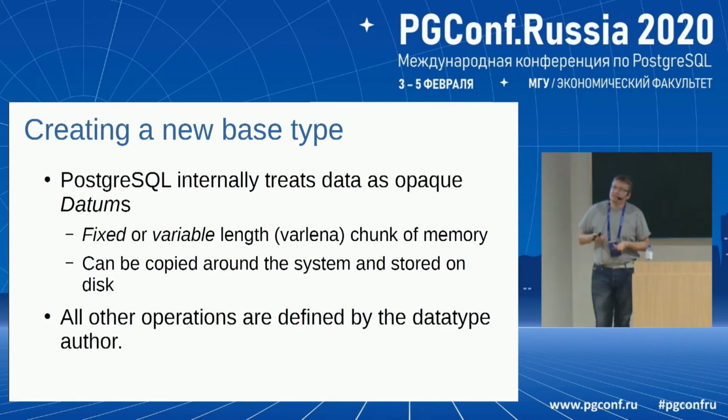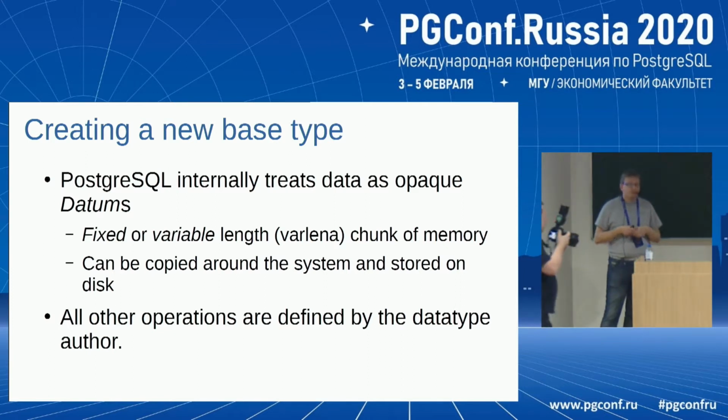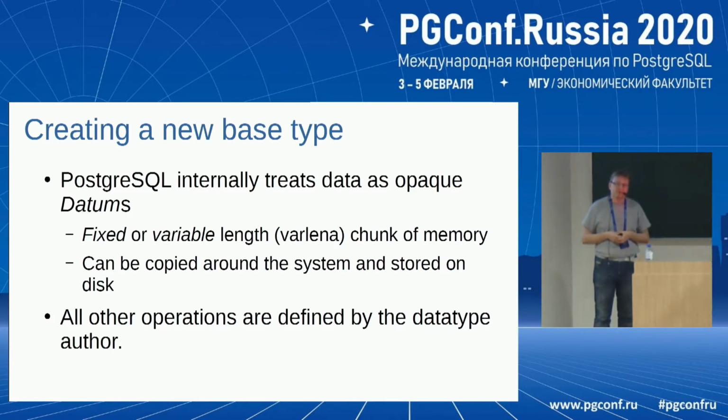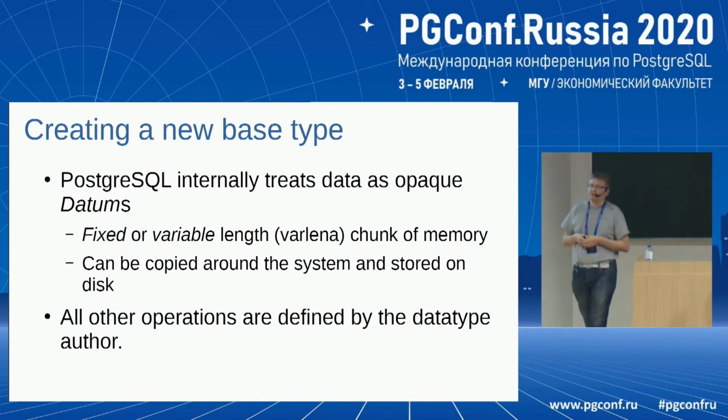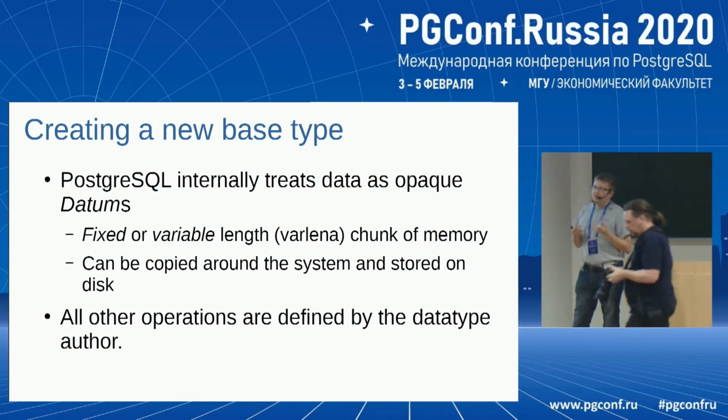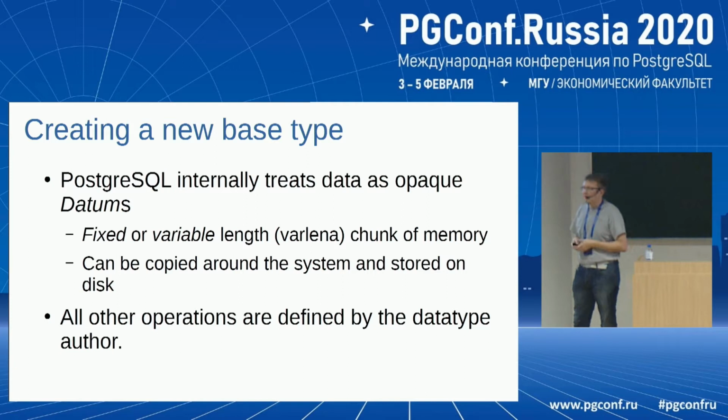When you create a new base type in Postgres, Postgres internally really only deals with 2 kinds of data types. There are fixed length data types, which are, for example, 32-bit integers or 64-bit integers, and you pass them around by value.